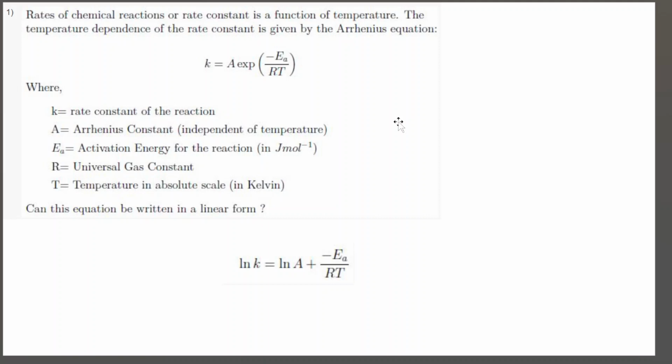So, can this equation be written in linear form? To write this equation in linear form, we have to take log on both sides.